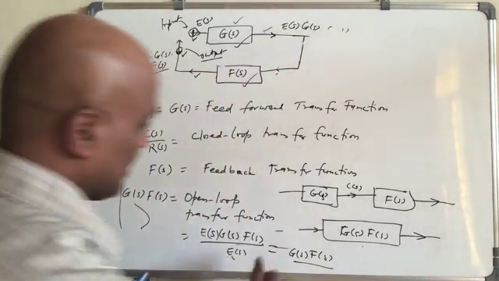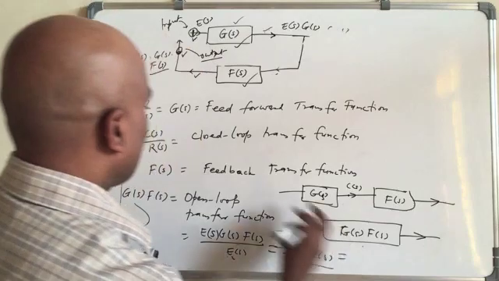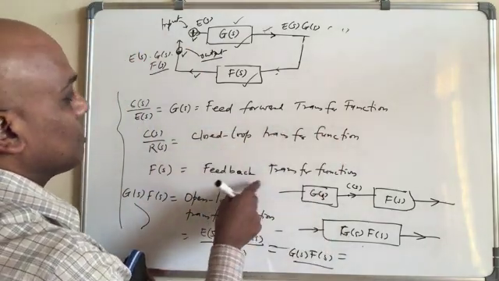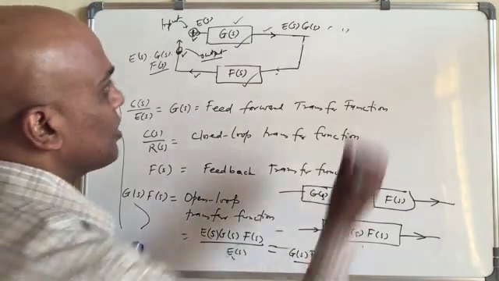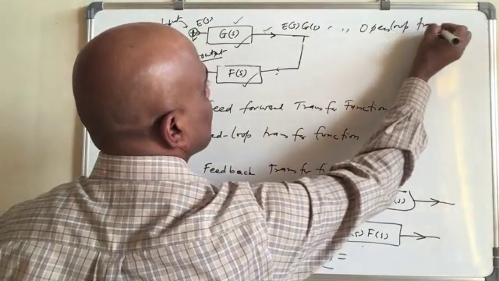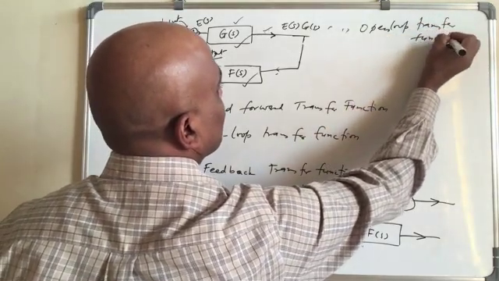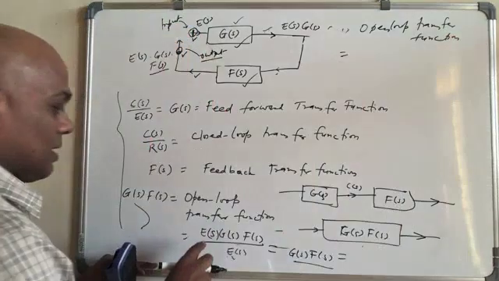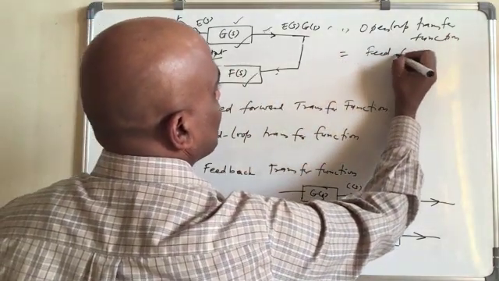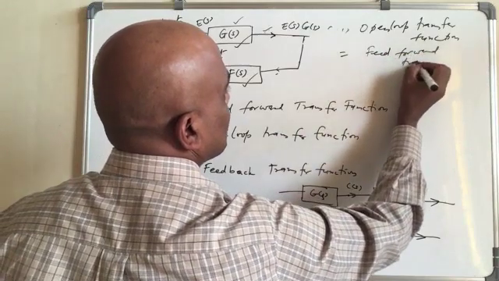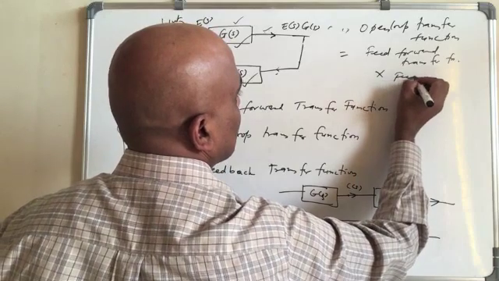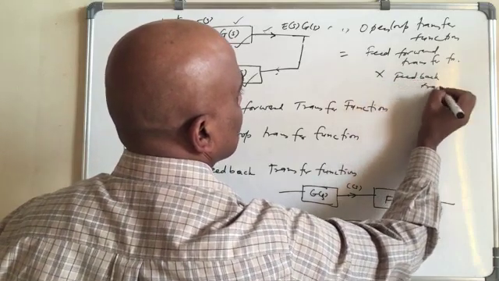Or simply you can write this as the feed forward transfer function multiplied by the feedback transfer function. So open loop transfer function equals the feed forward transfer function multiplied by the feedback transfer function.